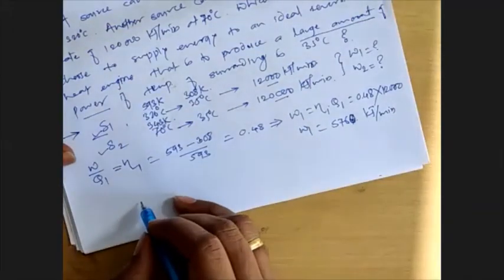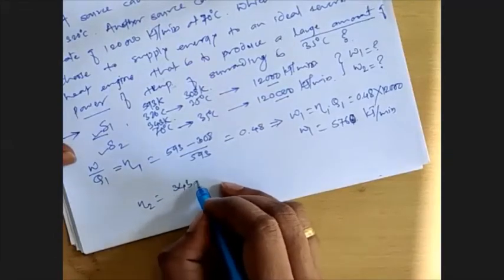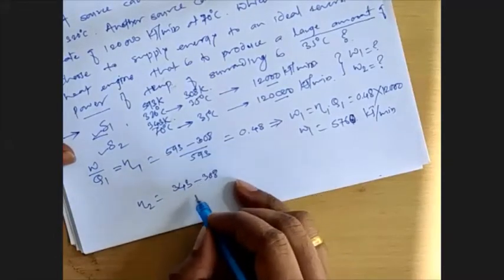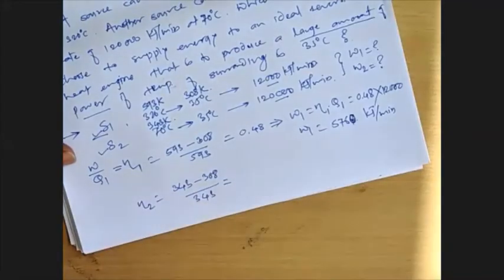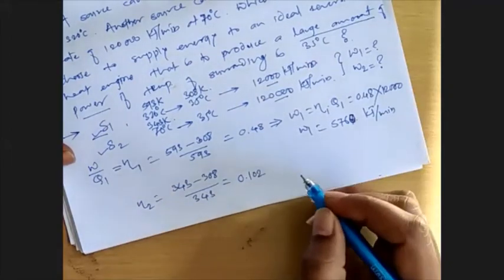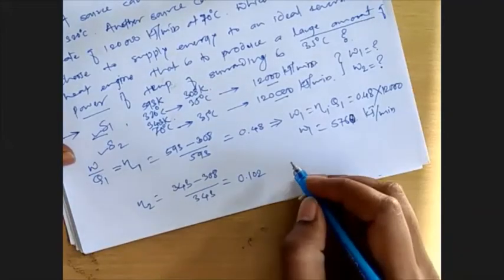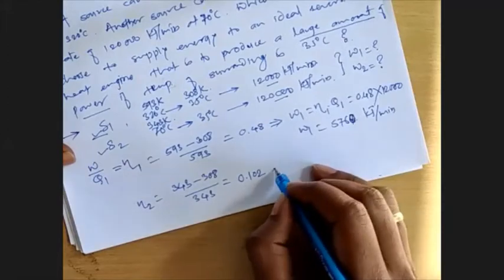Similarly, N2 is equal to 343 minus 308 divided by 343. So that way N2 will be, Pratik, 0.102. Okay, that is quite low. Okay, no issue.